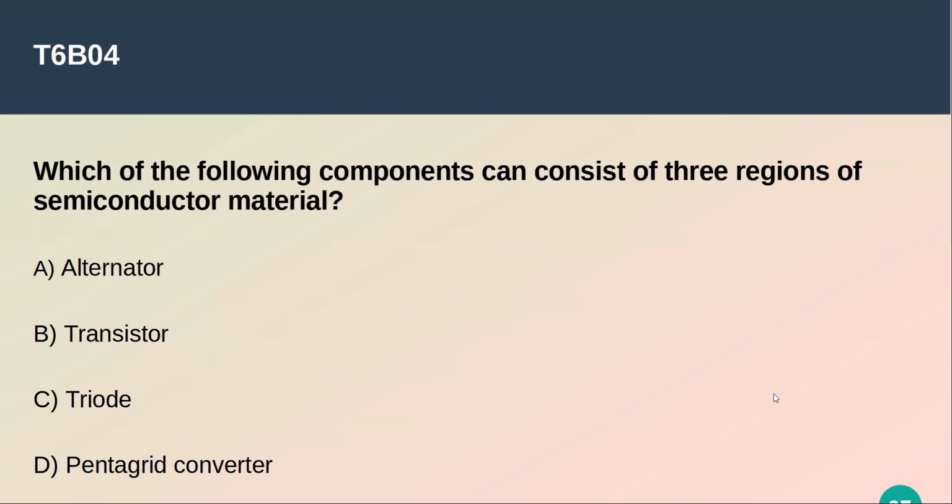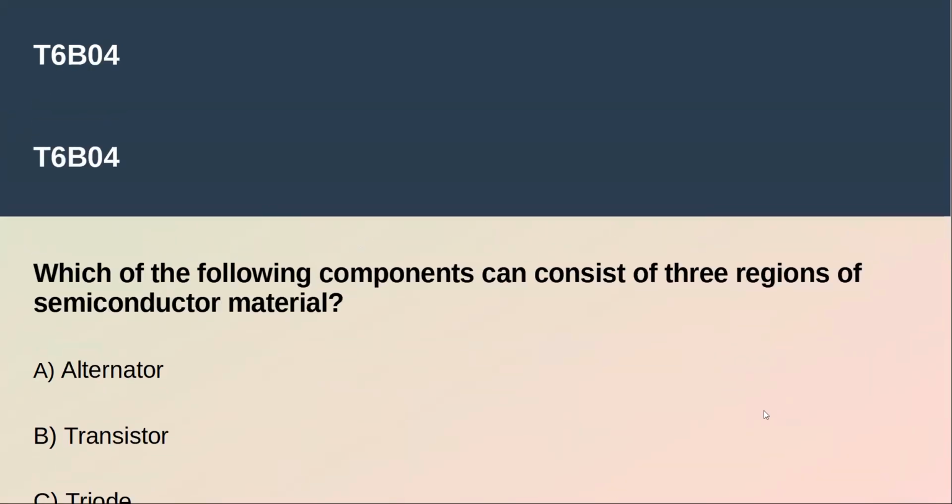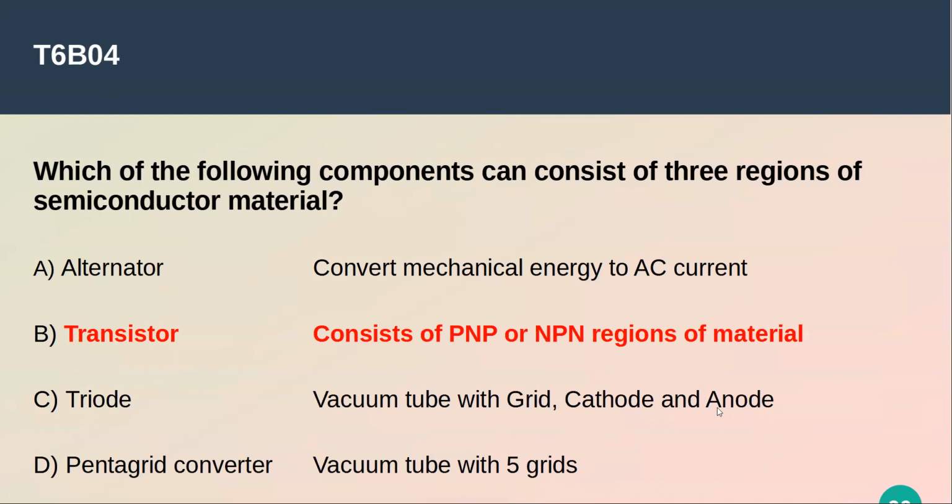Which of the following components can consist of three regions of semiconductor material? Alternators are in cars and they just convert mechanical to electrical. A triode, unfortunately, is not a semiconductor, but a triode works the same way as the transistor.